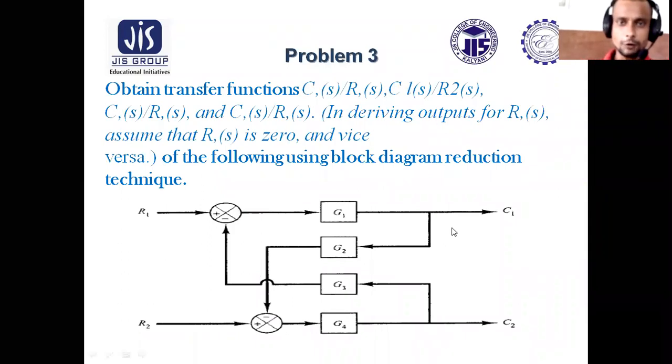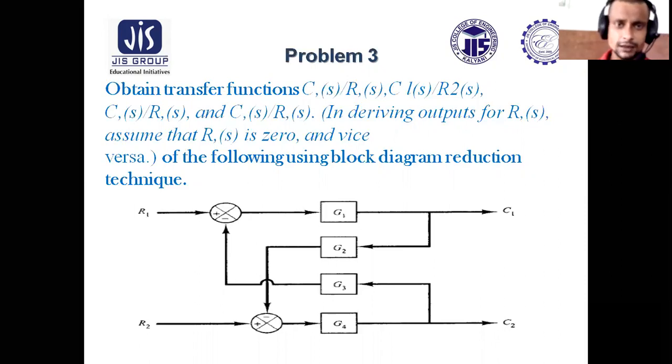Now for this problem, see here, we have multi-input, multi-output. So first we discussed about single input, single output. Then we discussed about multi-input, single output. In last problem we discussed about multi-input, single output. In this problem we'll discuss about multi-input and multi-output system transfer function.